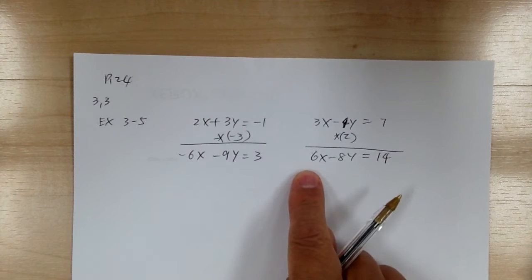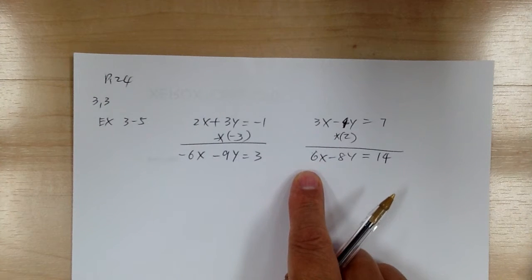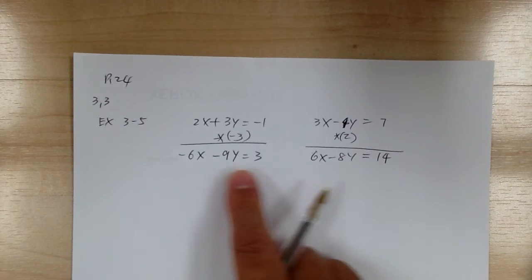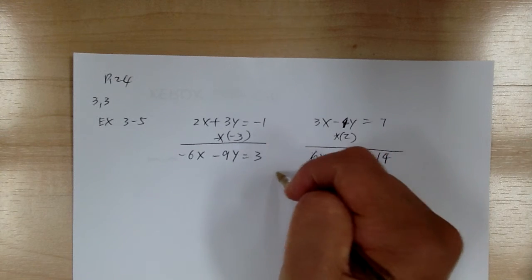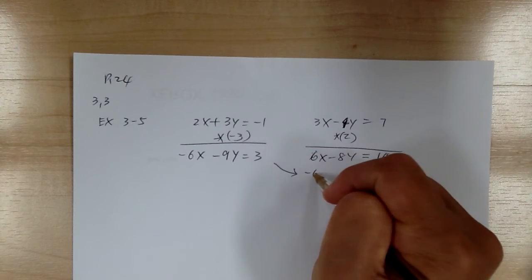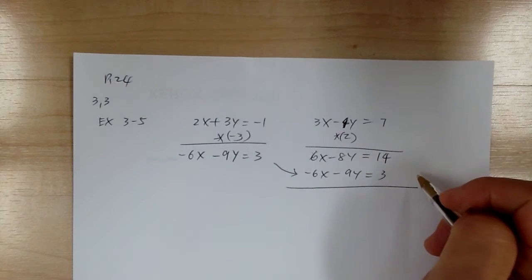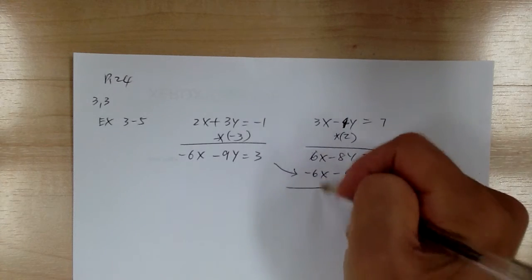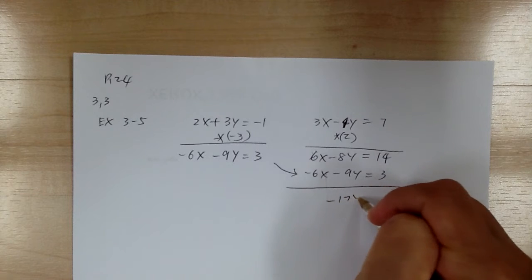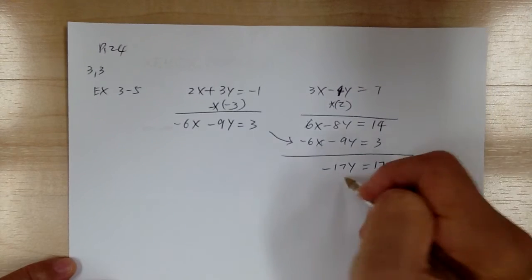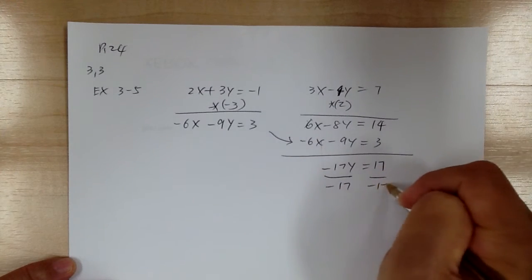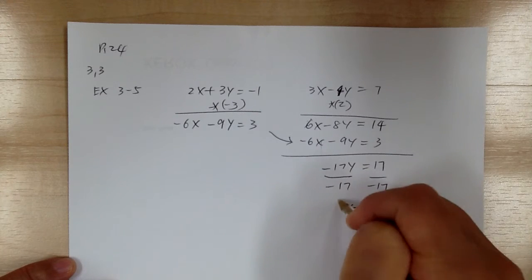So that way, when you put them underneath, you're able to cancel out. So put this down here. And then you add. So this cancels out. So you get -17y equal to 17. Divide by -17. So you got y equal to 1.